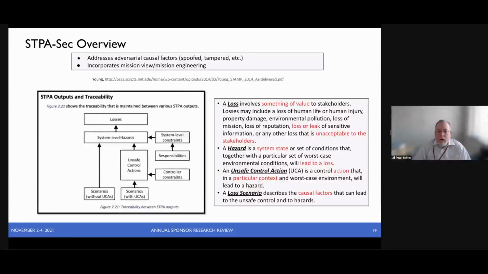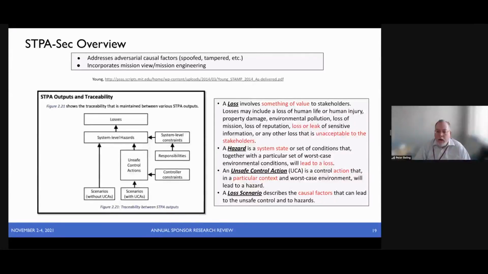So it's not just nature that we're playing against or people making mistakes, but deliberate adversaries, and that lends a bit of a different character to the thought process, but nothing too fundamentally different. And then the notion that one should think about losses in the context of mission engineering is an incredibly important part of STPA-Sec.